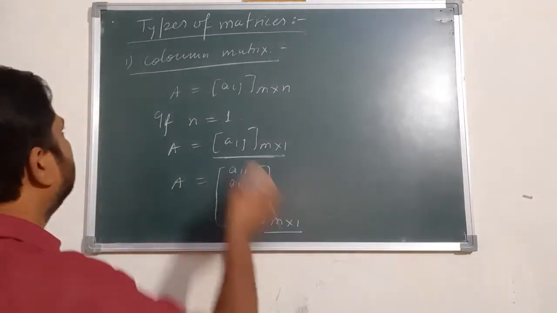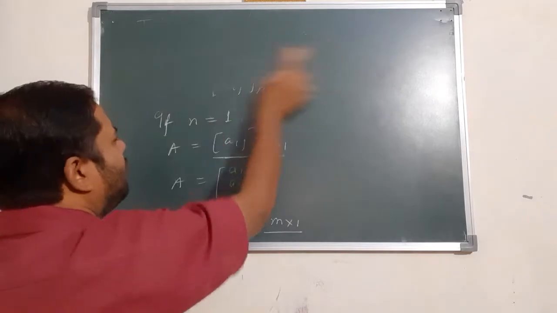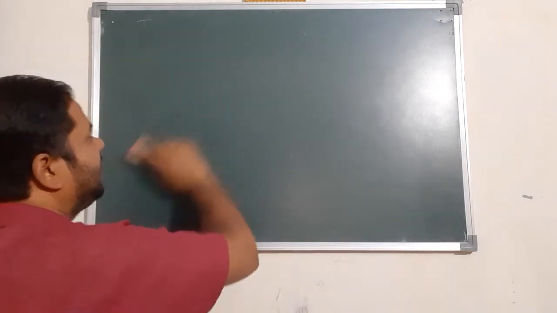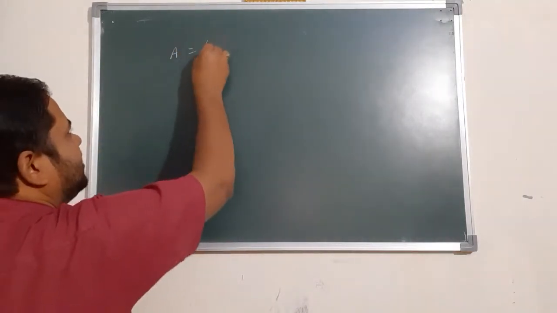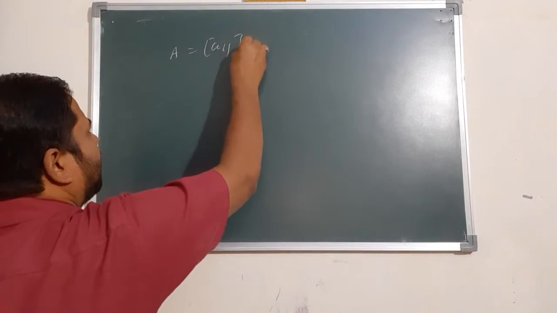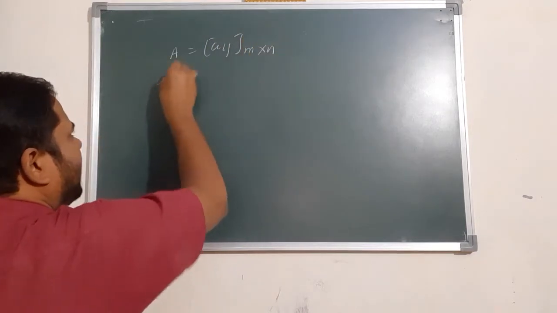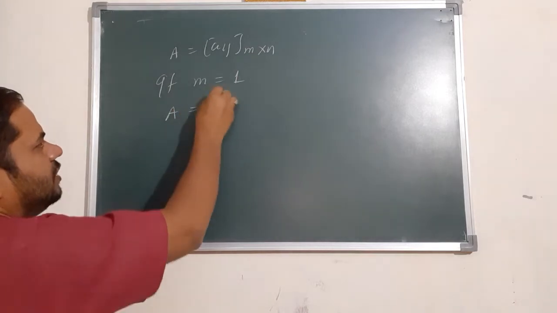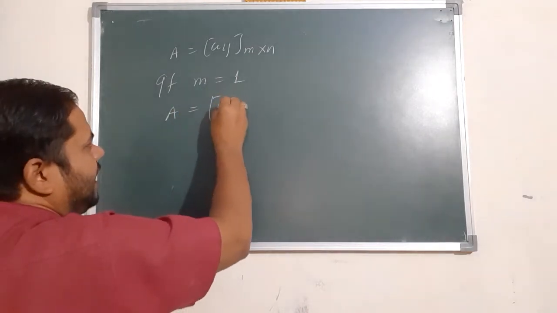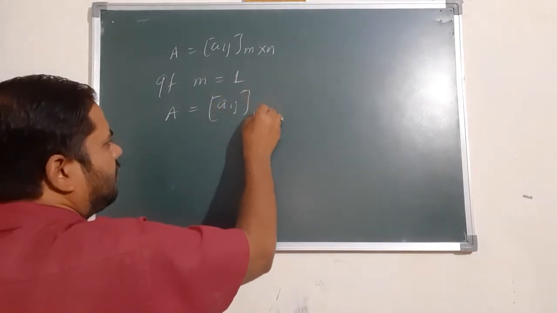Okay, now the second one is row matrix. Similarly, if A is equal to [Aij] m cross n, and if m is 1, then the matrix A is said to be what? Row matrix. That is [Aij] 1 cross n.